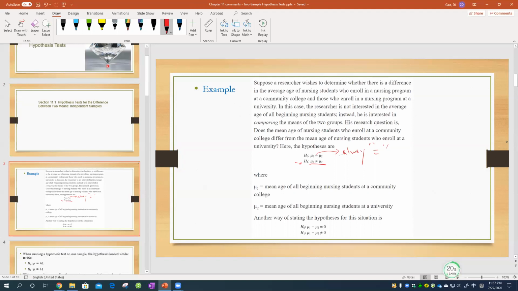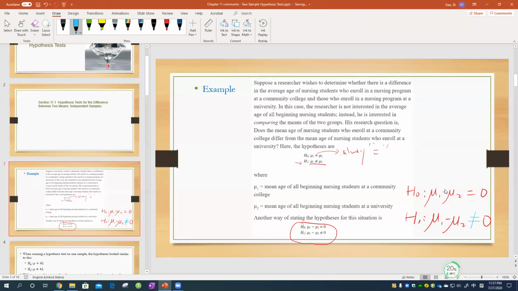Another way to state the same hypothesis is like this. H naught: mu1 minus mu2 equals 0, and H1: mu1 minus mu2 does not equal 0.